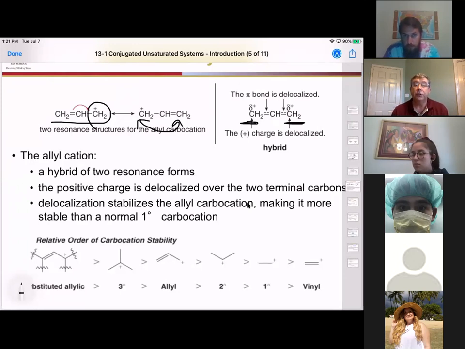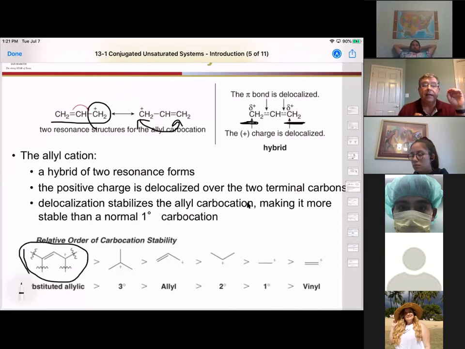Okay, just like with carbocations, the more substituted that carbocation is, the more stable it is. That means that when you have a multiple substituted allylic cation, that is going to be more stable. It can have one or more substitutions here. Those are always going to be more stable than our tertiary carbocation.